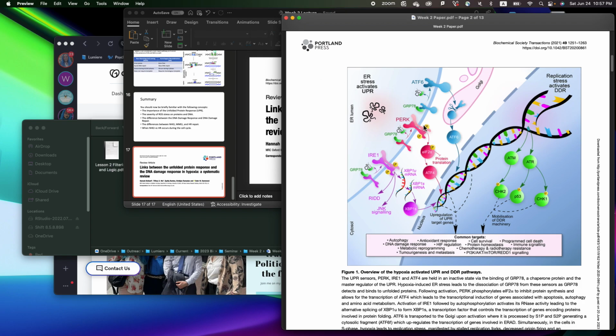Versus the unfolded protein response, basically you have this cascade of proteins that dimerize, such as IRE1, PERK, or ATF6, and they phosphorylate.